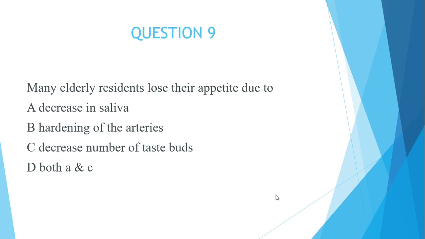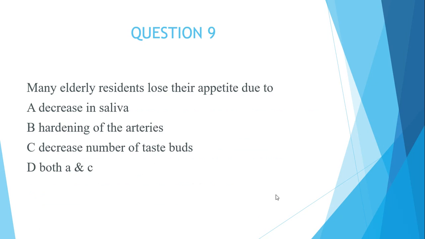Question number 9. Many elderly residents lose their appetite due to what? Decrease in saliva, hardening of the arteries, decreased number of taste buds, both A and C. As we get old, the saliva production decreases.